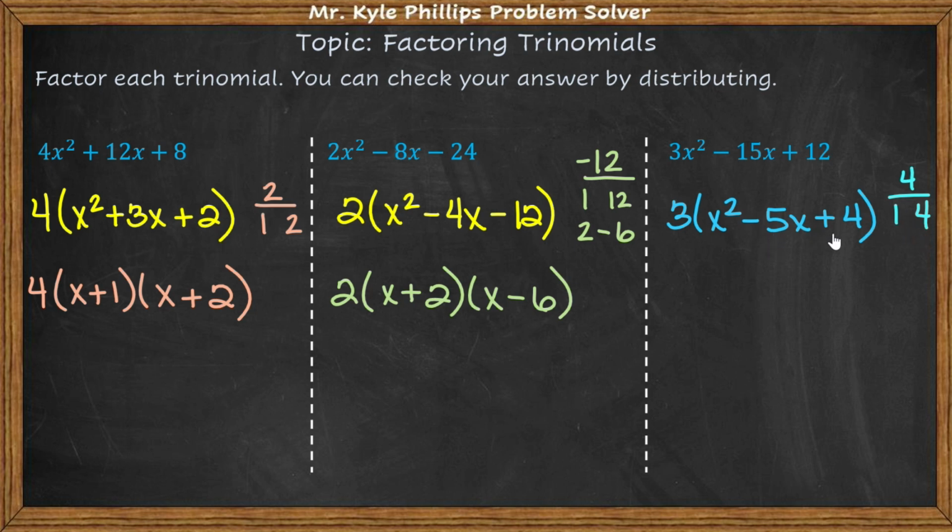Okay, now, when I multiply right here, it has to be positive. So both my signs here have to be positive, or both have to be negative. I need to combine them to get a negative 5. So here, both of these are going to be negative, because negative 1 plus negative 4 would give me that negative 5. So I have 3, x minus 1, x minus 4.